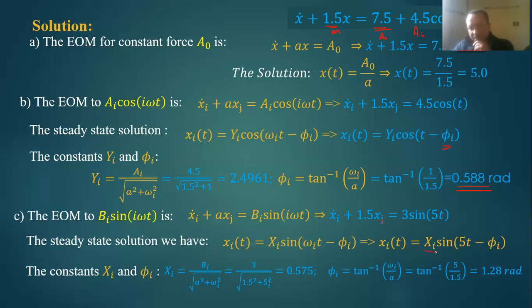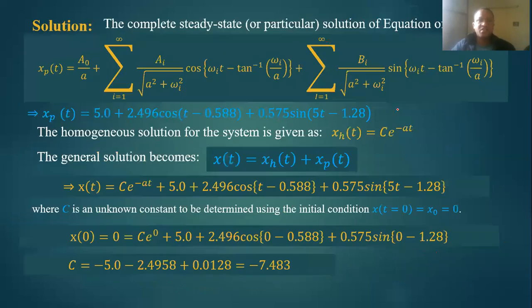Still we have to find this one and this one. These two terms are found as 0.5775, that is xi, and pi i is 1.28 rad.